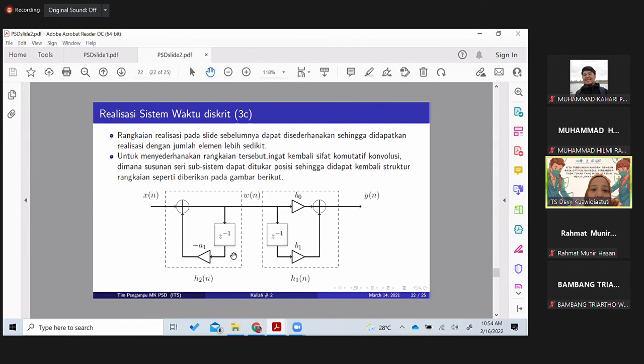So in this drawing, you could see that the order already shifted.